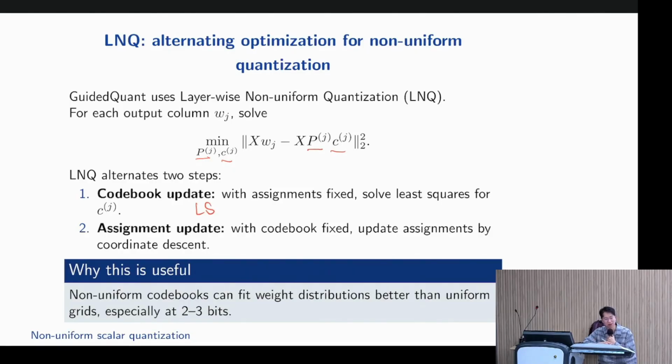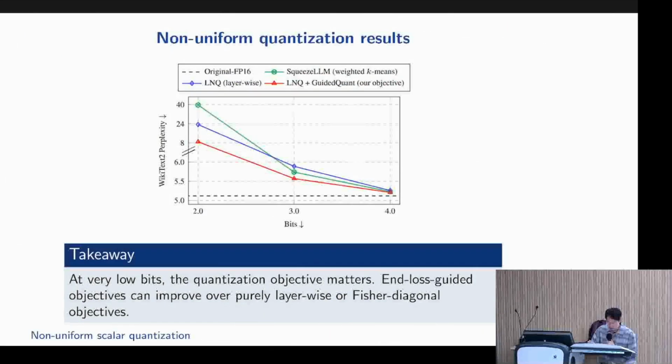So when P is fixed, with the constraint P1 is 1, optimization over C can be done in closed form using a least squares objective. And how do we do assignment over P? This is an integer program, so it's discrete, and we can do coordinate descent where we assign one variable at a time. So does it make a difference?